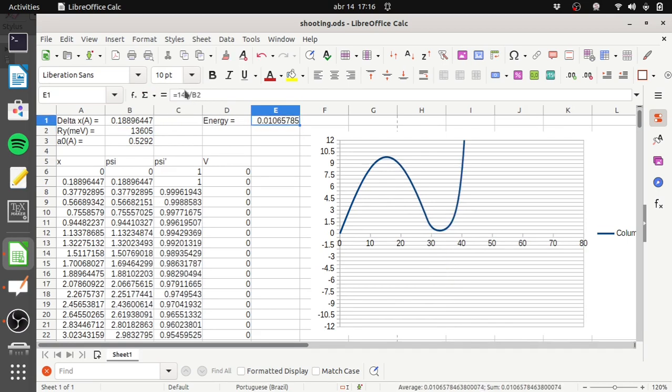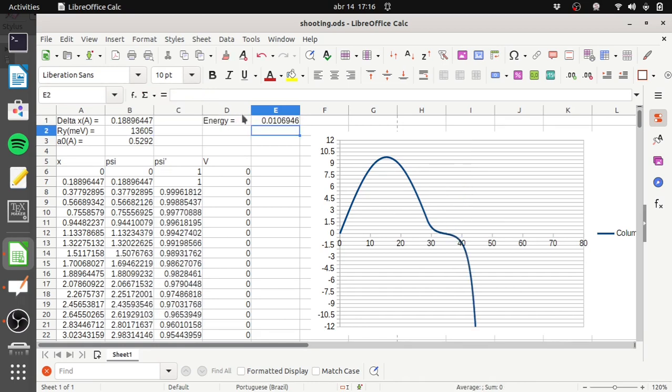So 145 is too less. Then 146 is too much. So 45.1. Then 45.2. Then it's too much, so then it's something around maybe 3.